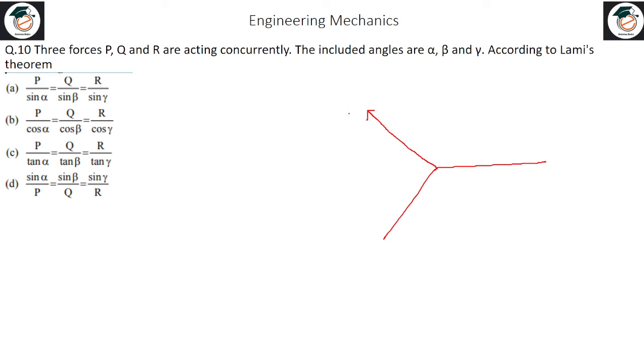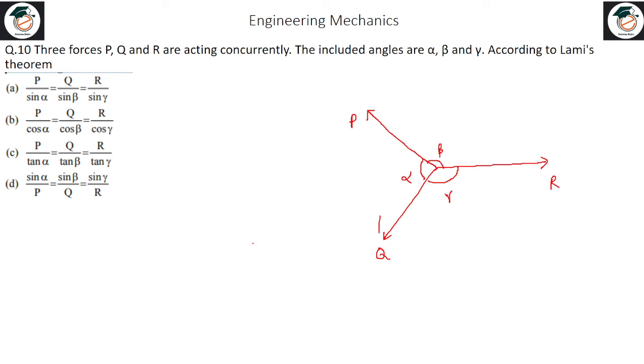Let this one be P, this one Q, and this one R, and the angle between them is alpha, this one is beta, and this one is gamma.